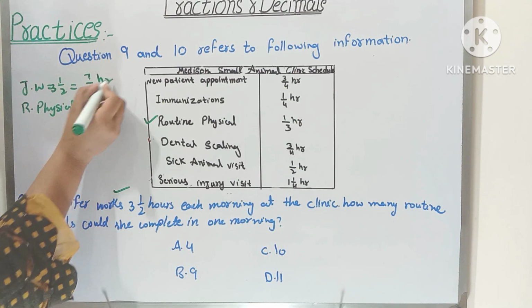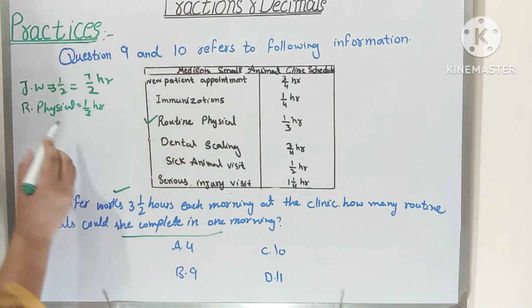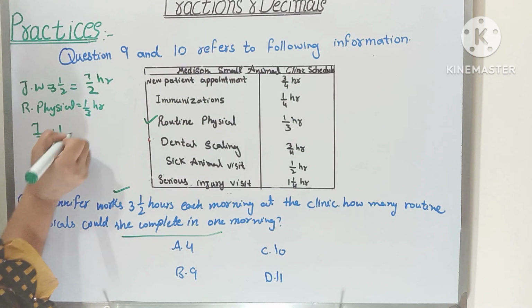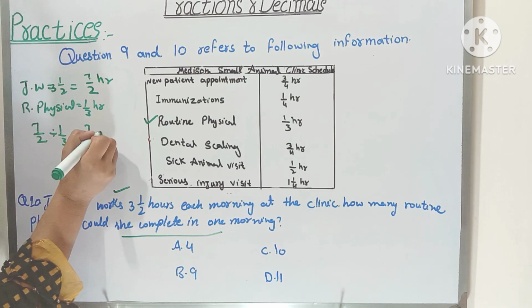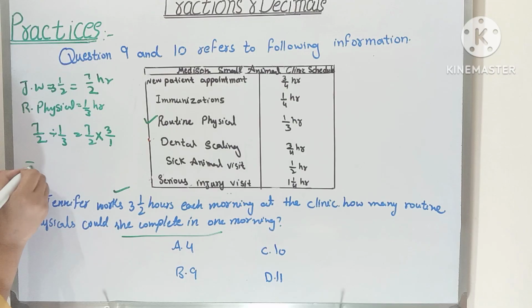So what will we do? We solve this question step by step. They ask how many could she complete in one morning? So we divide 7/2 by 1/3. You know that when dividing, we take the reciprocal and multiply: 3/1. 7 times 3 is 21/2.